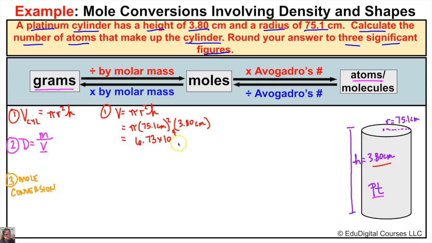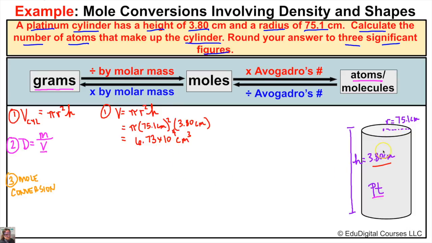Centimeters squared times centimeters is cubic centimeters, which is a unit of measurement for volume. Because the value was a large number, we went ahead and converted this into scientific notation. But this is essentially the same thing as approximately 67,300 cubic centimeters.